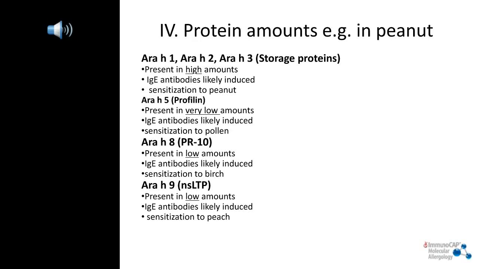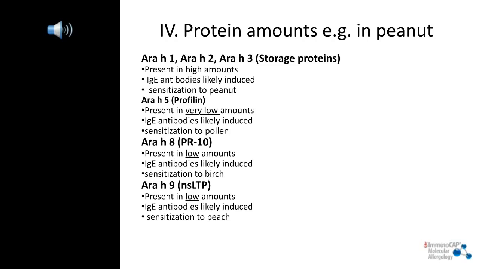This is exemplified in their little figure, which is quite good in terms of message, but has had problems, I think, in being a little bit too optimistic. Ara h 2, 1 and 3 are storage proteins, so they're stable, in high amounts, and slightly more specific, so these are likely to be the problems in peanut.